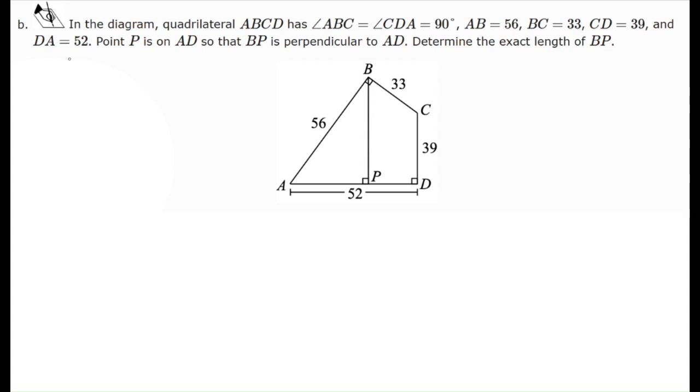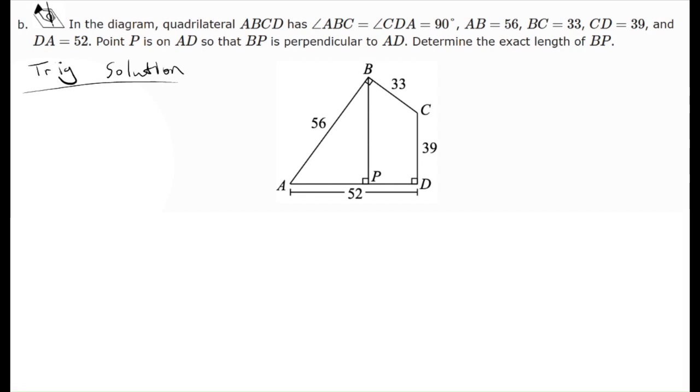So the first solution requires some trigonometry knowledge. So this is the trig solution. We're going to be using the right angle at B and the right angle at D to form two right triangles.